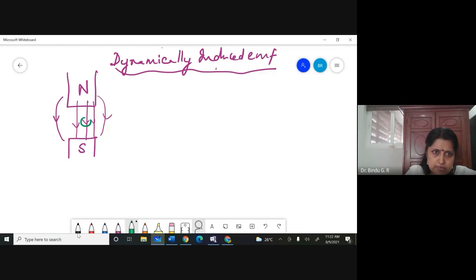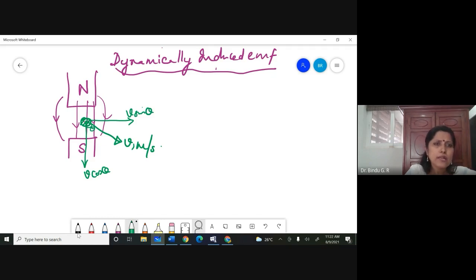And suppose there is a conductor. This is a conductor. I'm just showing the cross section of the conductor, which may be moving with a velocity v, making an angle like this, so that this is theta. So it has a component v cos theta, velocity v meter per second. And then this is v sin theta.